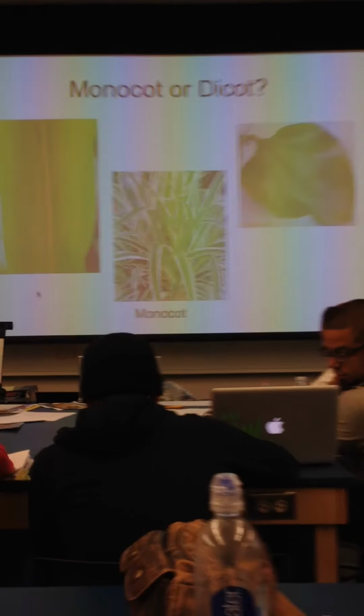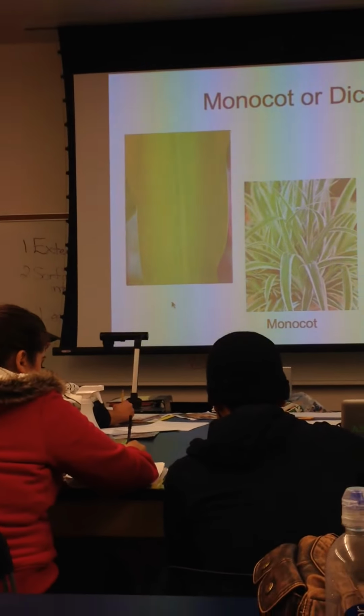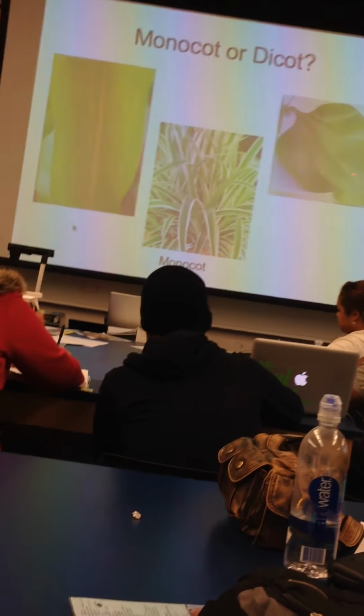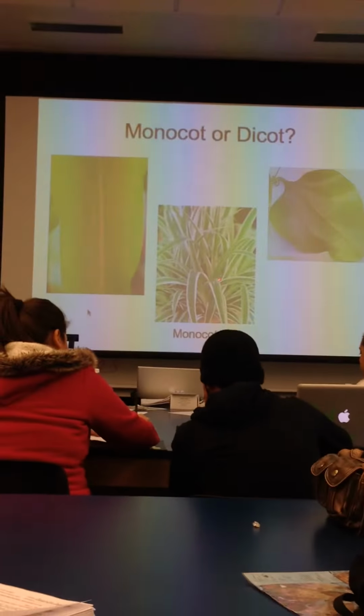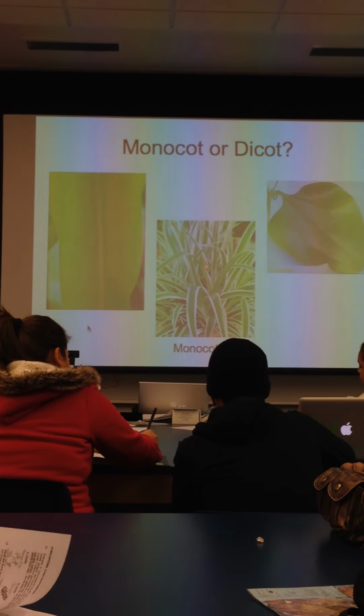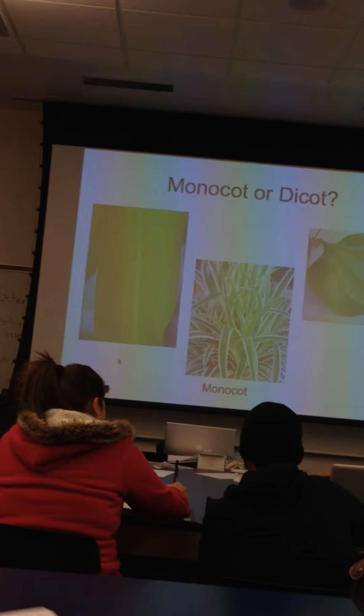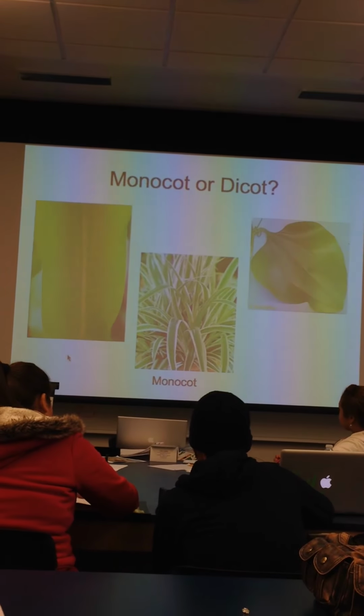One of the ones you need to know is leaf veins, okay? So you need to be able to be given a leaf like this, or an angiosperm plant that doesn't have flowers, and tell whether it's a monocot or a dicot. Okay? Is everyone all right if I switch this?